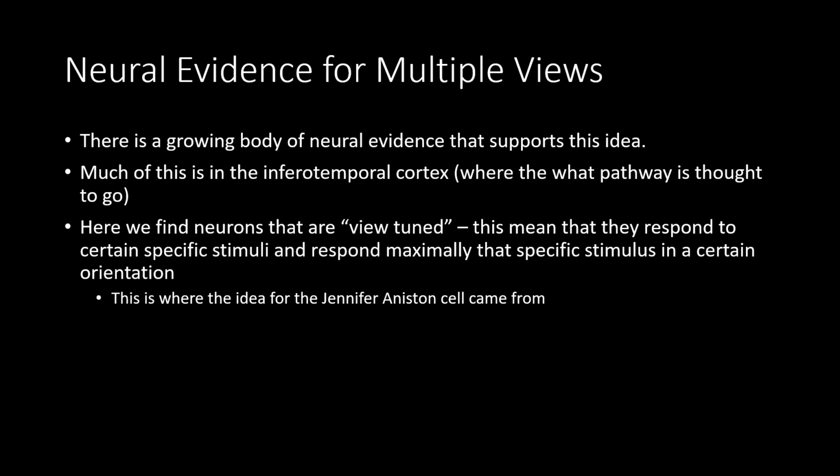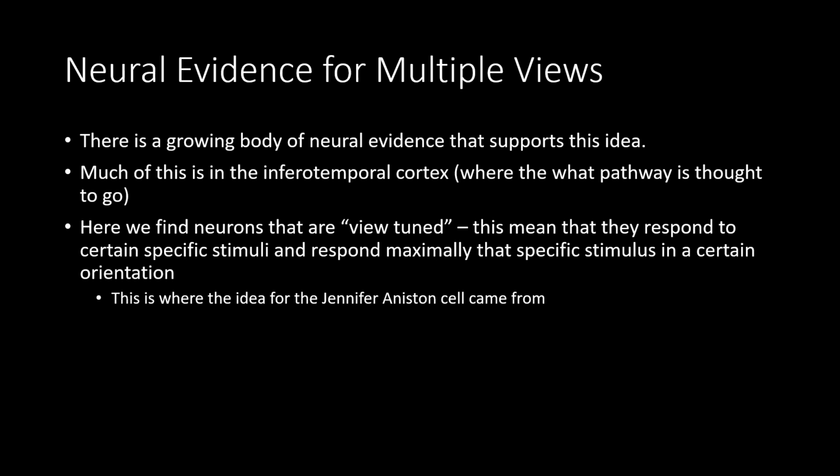What this means is that these neurons seem to only respond to specific stimuli, like let's say a cat or a pencil, and they also fire at different rates based on the orientation of that specific object. Meaning that if the cat is standing, you'll have some view-tuned neurons that will fire very actively, and they will still fire for a cat sitting down, but not at the same high rate as they would for the cat standing up.